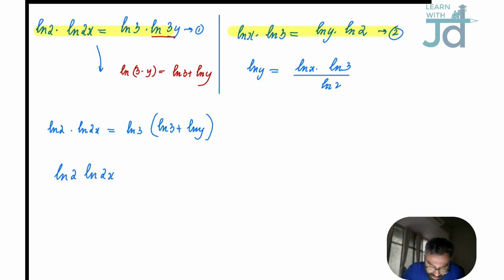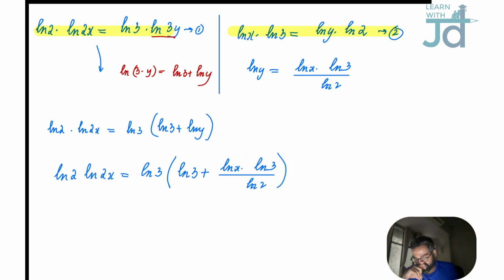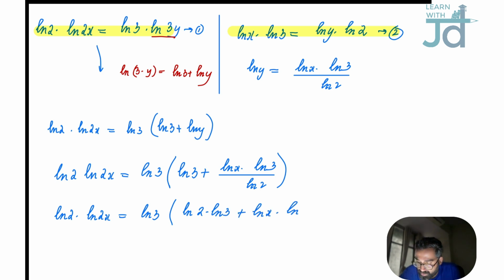Same left hand side, there is no change. Here it is ln 3 plus ln y, and I'll write the entire same thing, copy paste. So this shows substitution. Now take the LCM. ln 2 into ln 2x is equal to ln 3, and here you have ln 2 ln 3 plus ln x into ln 3 divided by ln 2.